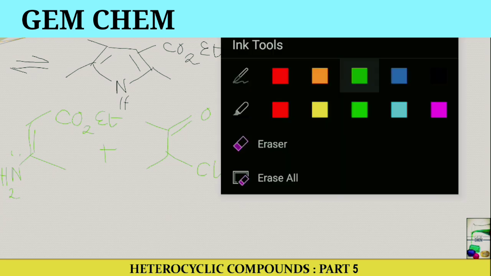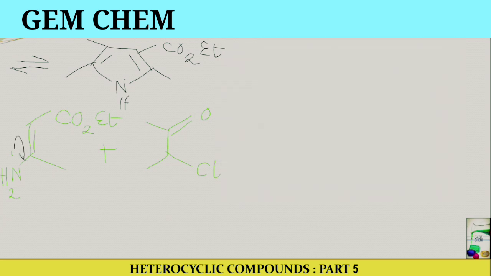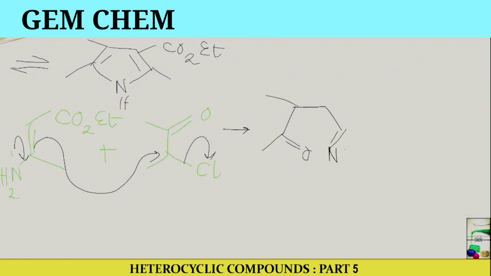Now attack takes place. This NH2 will donate its electrons and the attack will take place. Once the attack takes place, the Cl minus will go away. So the intermediate produced will be like this, NH2 plus, and here we have CO2Et.